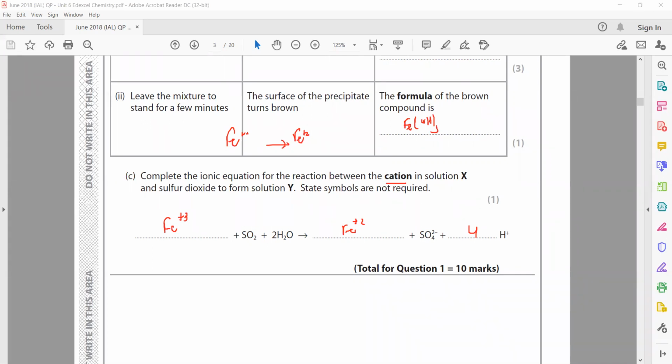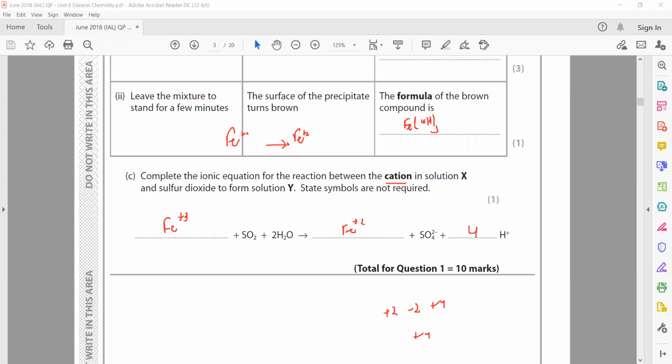The number of electrons lost by one should be equal to the number gained by the other, so the total charge must be balanced as well. So here plus 4 minus 2 and plus 2, so the net charge here is plus 4.